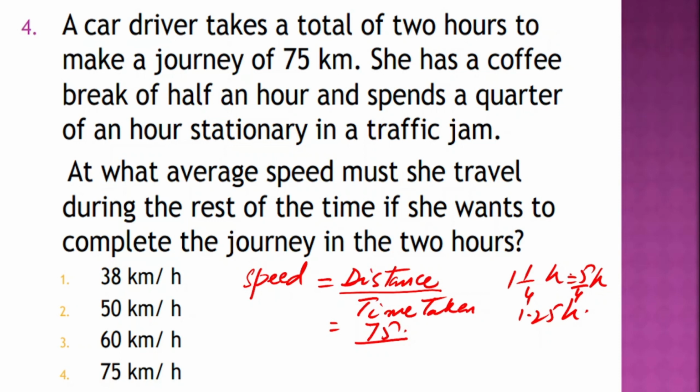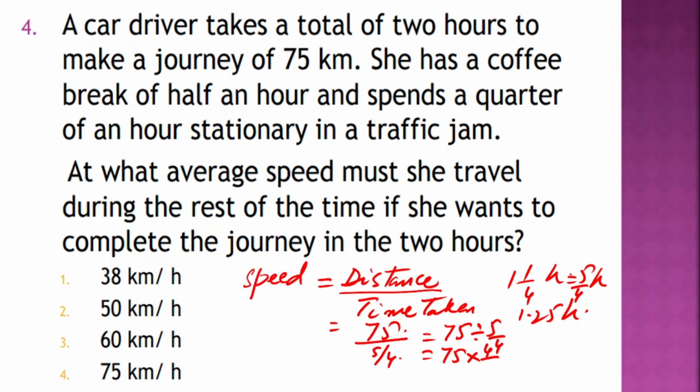Okay, so if I say 5 over 4, I just wrote here 5 over 4. Now we know that when it is 75 divided by 5 over 4, in the next step, whenever we change the division sign to multiplication, we have to reciprocate the fraction, that is, write its reciprocal or its multiplicative inverse.